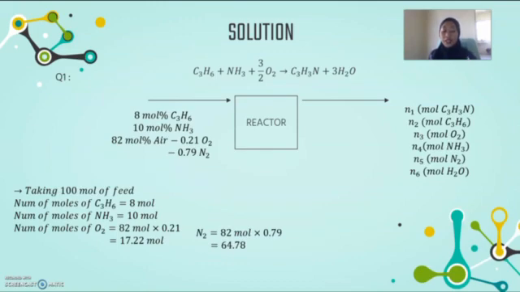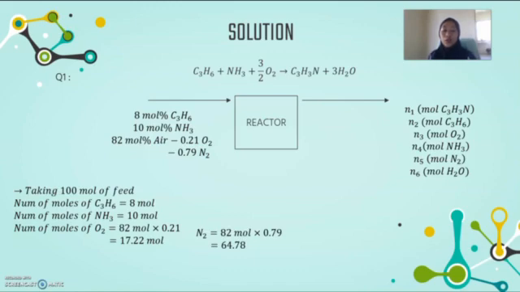Pertama sekali, C3H6 kita tambah dengan NH3 tambah 3/2 O2 akan jadi C3H3N tambah 3H2O. Okay, apabila 8 mol C3H6, 10 mol NH3, 82 mol air akan jadi 0.21 O2 and 0.79 N2.